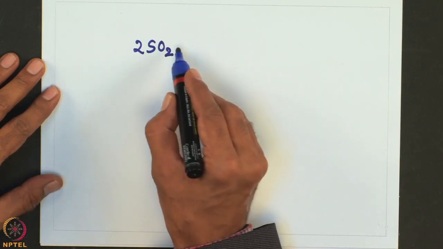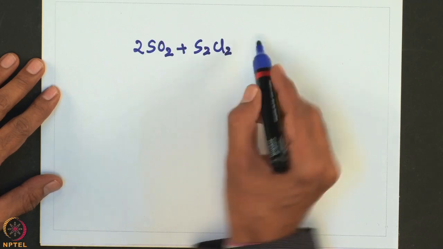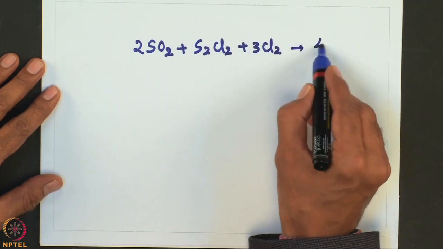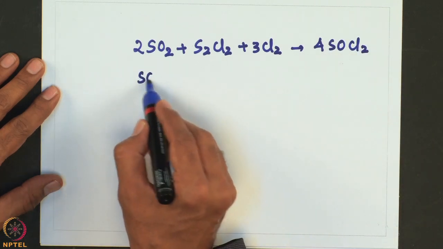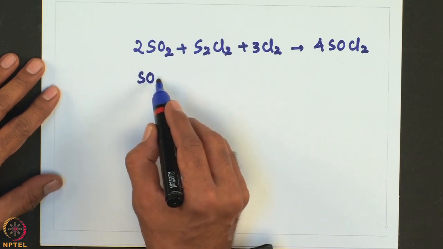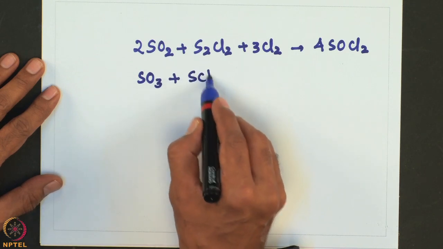So, sulfur dioxide, when treated with disulfur dichloride in presence of chlorine, gives SOCl2, and of course, one can also make SOCl2 starting from SO3 and its treatment with SCl2.